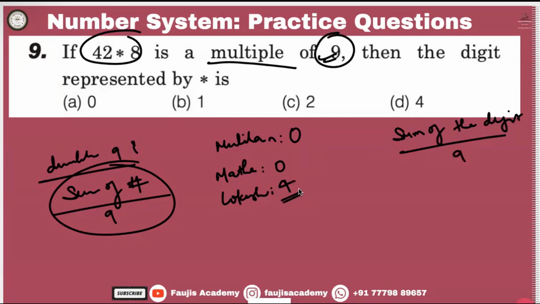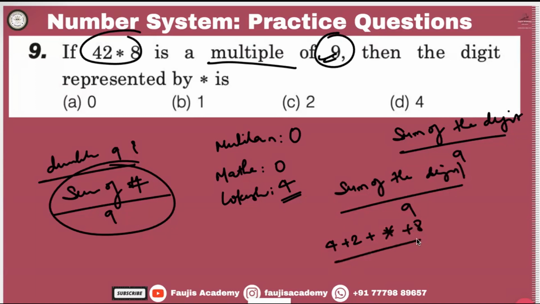Look, Mohilan, Mateshwaran, the rule for divisibility of 9 says that the sum of the digits has to be divisible by 9. We don't know what this number is, so let's write it down as star plus 8 plus 8 divided by 9. How much is that? 14 plus star divided by 9.